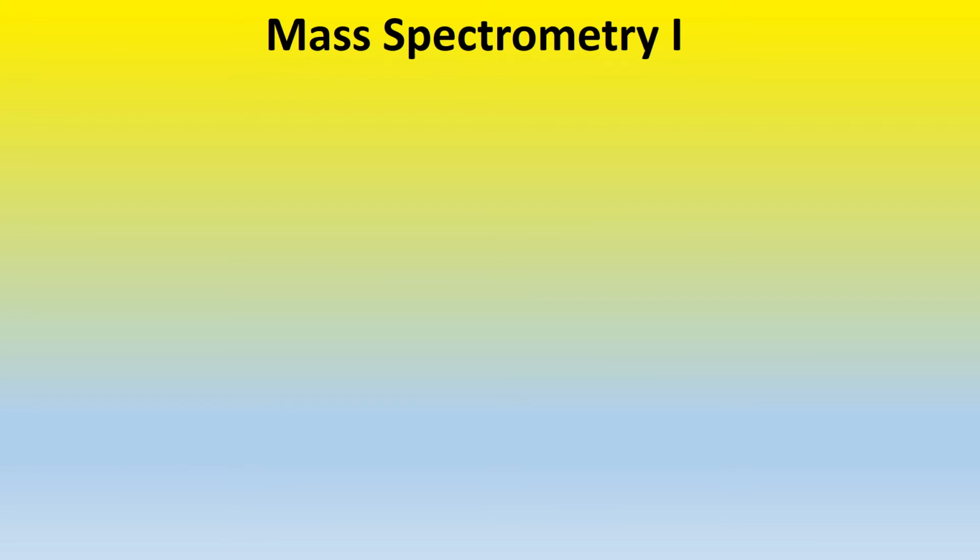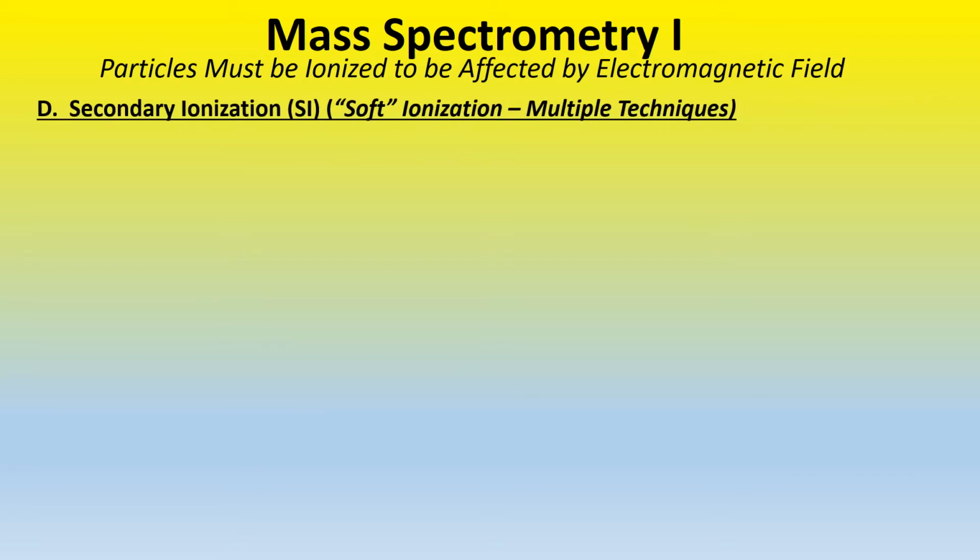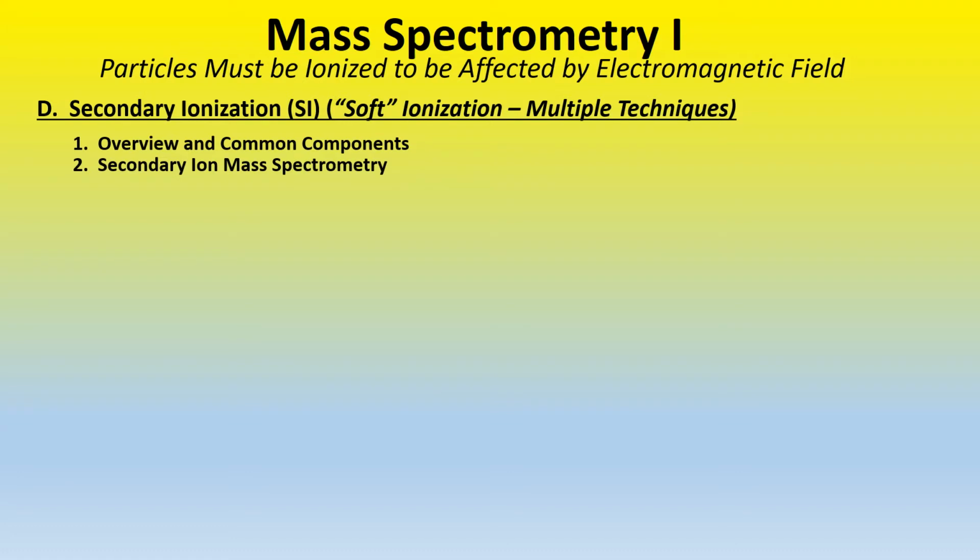As mentioned, there are many different ways of ionizing, and there are many different types of secondary or soft ionization. You've already seen the common components. Variations on this method include what is known as secondary ion mass spectroscopy. In this case, a very high vacuum, 10 to the minus 6 or lower, is required because the ions are actually used to ablate the surface of a sample.